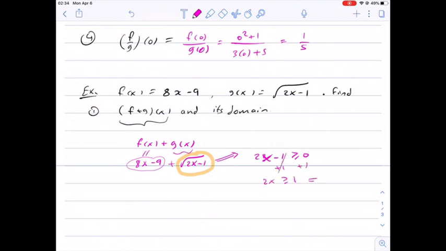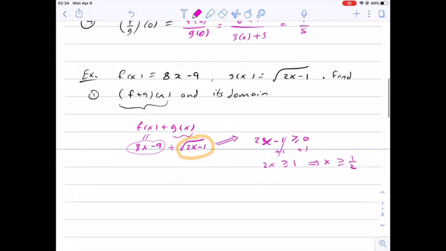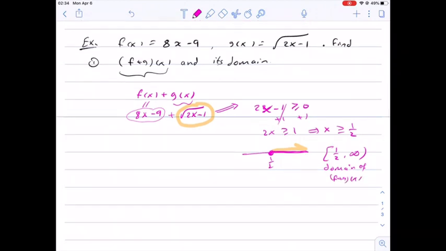We add 1 and then 2x is greater than or equal to 1, and that means x is greater than or equal to 1/2, that means to the right. So using interval notation, we can write it as 1/2 to infinity. This is the domain of f plus g of x.